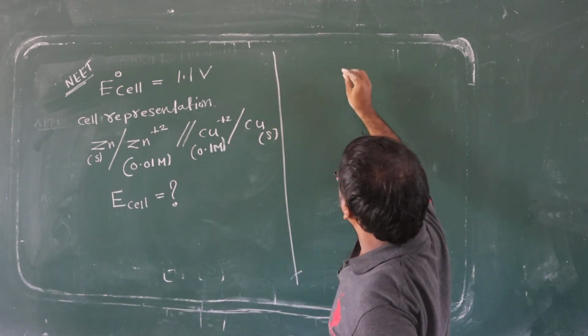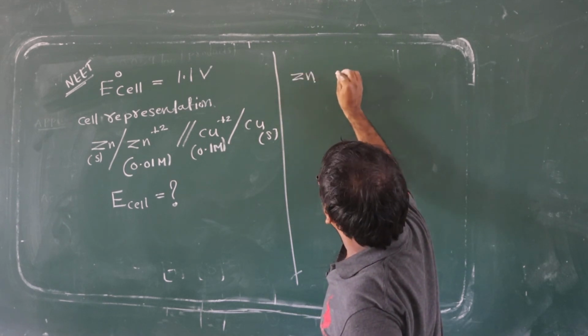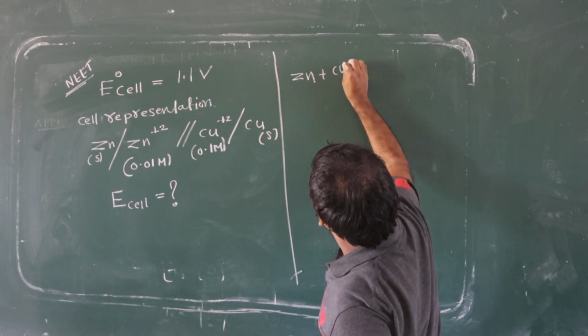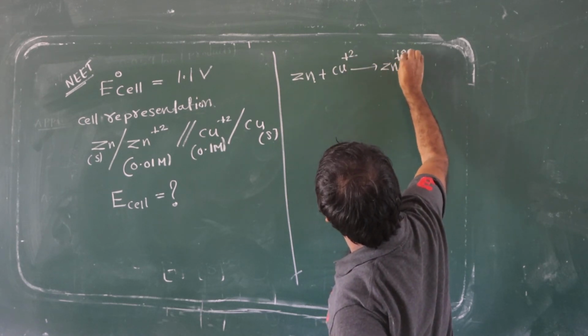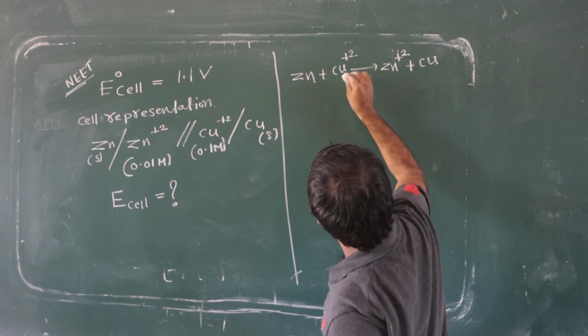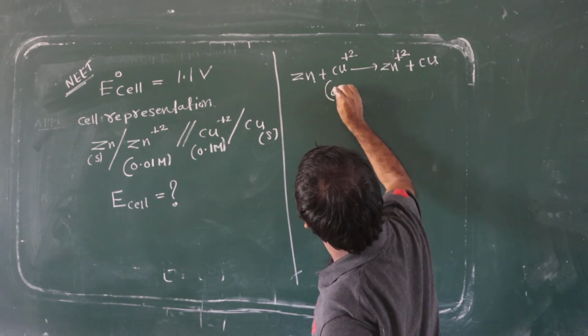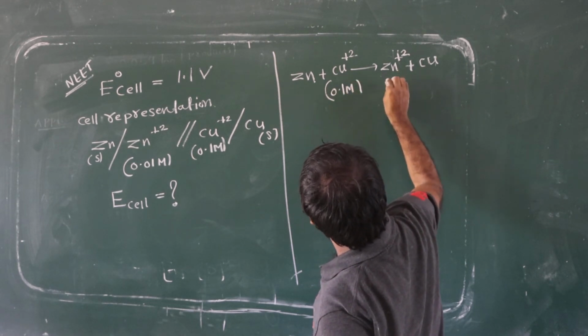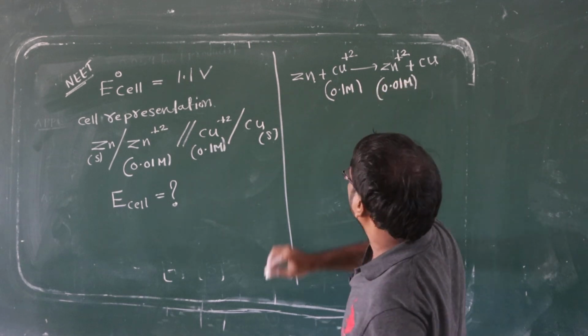First of all, Zn reacts with Cu plus 2. Then what will we get? Zn plus 2 plus Cu. The copper plus 2 concentration they gave is 0.1 molar, and the Zn plus 2 concentration is 0.01 molar.